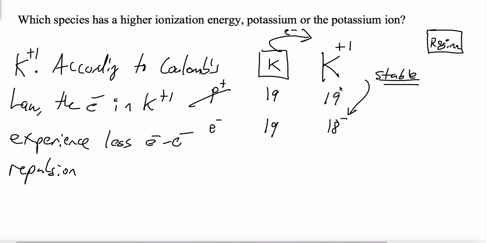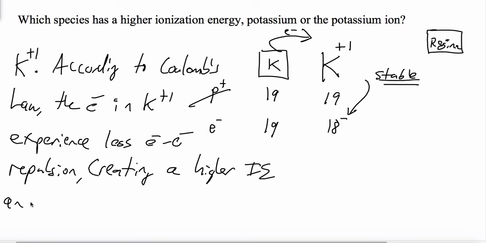Yes, there is a larger proton-to-electron ratio, but it's the same force pulling from the nucleus. One is just pulling through more electrons. So K+1, because according to Coulomb's law the electrons in K+1 experience less electron-electron repulsion, has a higher ionization energy and a smaller atomic radius.